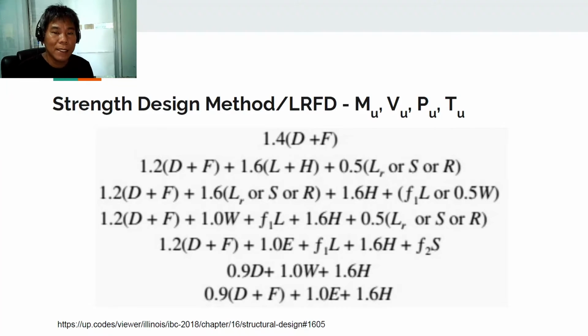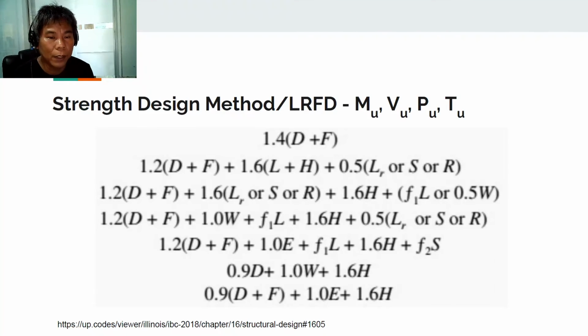Also, for the strength design method, we are not using working stress here, but we are using the ultimate strength of the material. So here, since we are using the ultimate strength, normally we have to multiply the loads by a certain factor. So for dead load, we normally multiply it by 1.4.